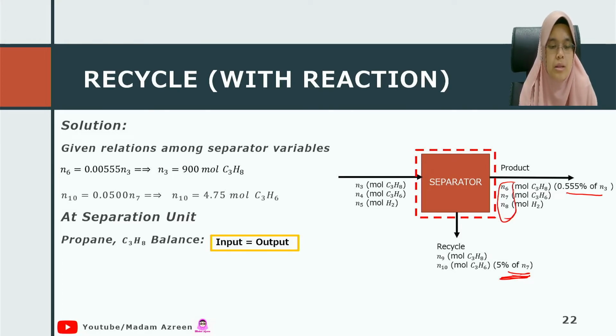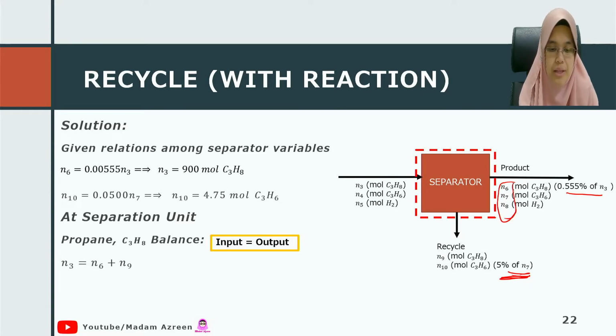So, at the separation unit, when we do a balance, because at a separator there is no reaction, we just directly use input equals output. There is no generation, there is no consumption. So we do a balance for propane.